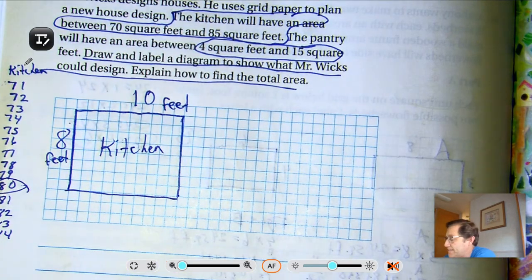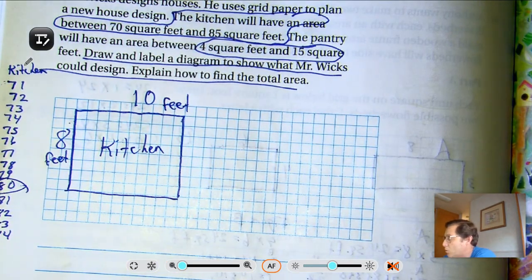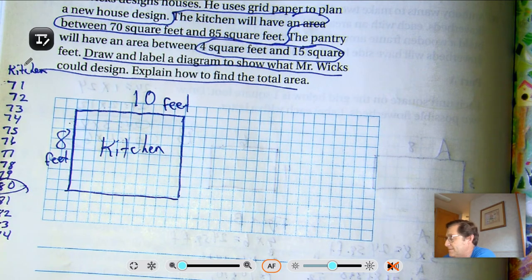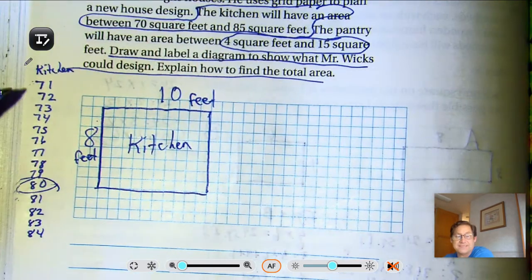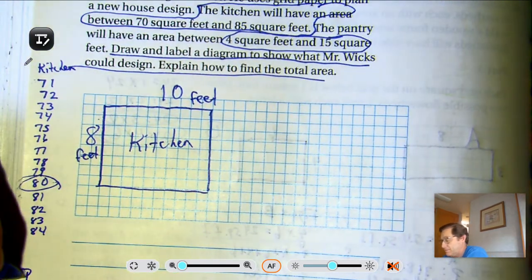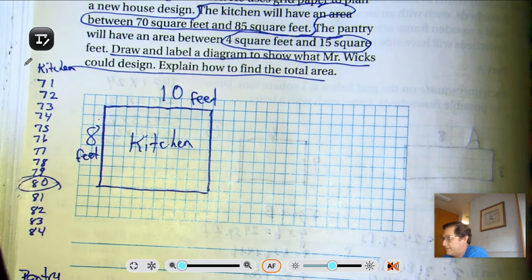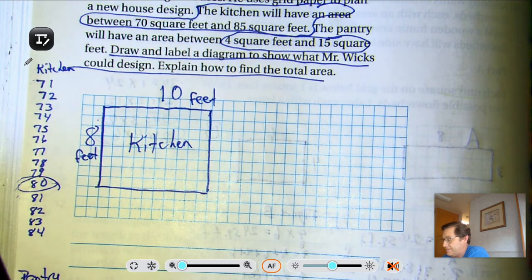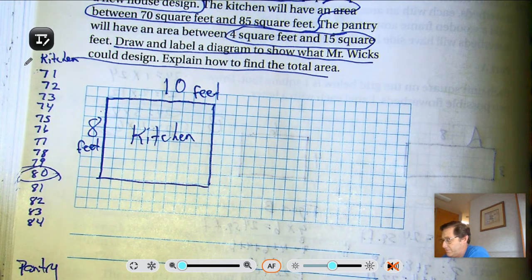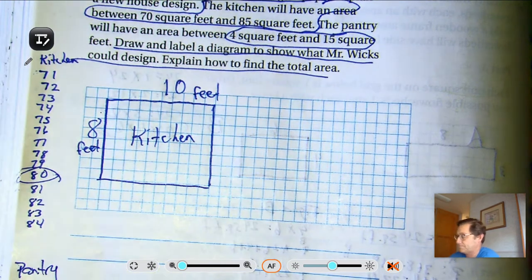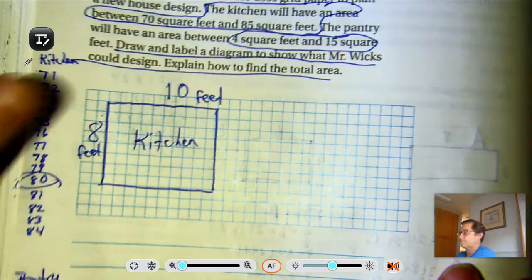And the pantry will have an area between 4 square feet and 15 square feet. Okay, so what's between 4 and 15? So the pantry can be 5, 6, 7, 8, 9, 10, 11, 12, 13, 14 square feet.